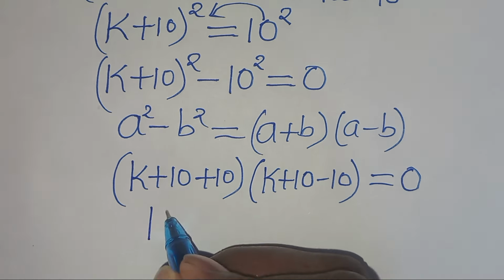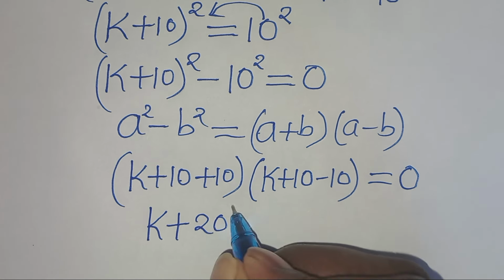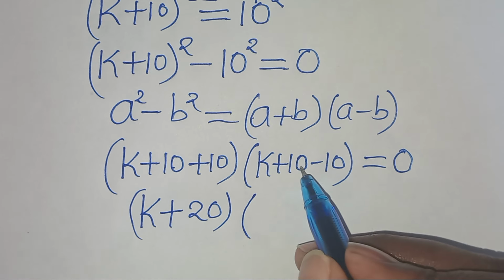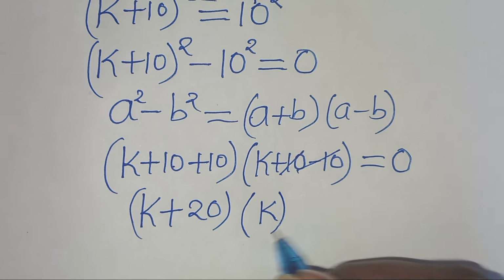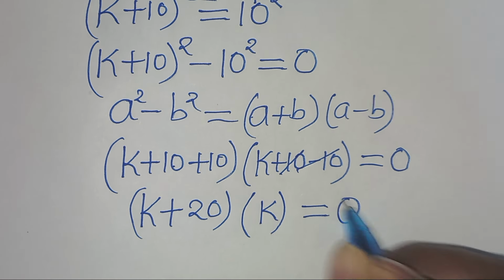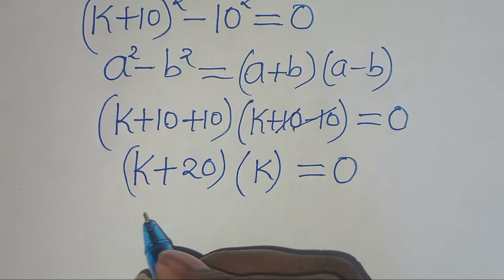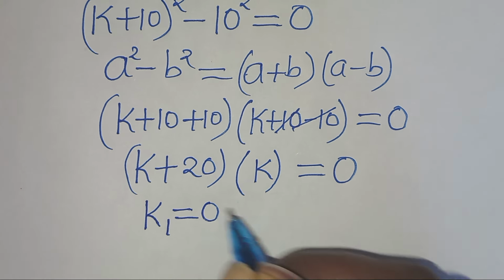Here k + 10 + 10 is k + 20, multiplied by k + 10 - 10, which simplifies to k, and this is equal to 0. So we have two parts. The first part is k, that is k1 = 0.